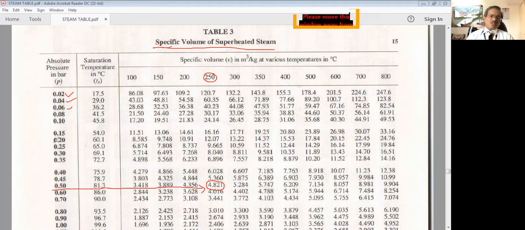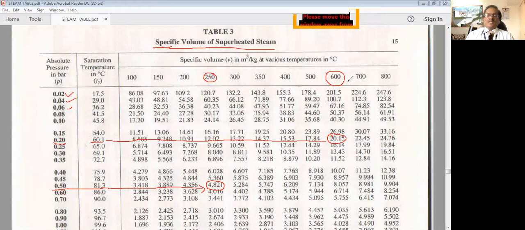Suppose the pressure given is 0.20 bar, then the corresponding saturation temperature will be 60.1. Now if the temperature given is 600 degrees centigrade, then at a pressure of 0.20 bar and temperature of 600 degrees centigrade, the value of specific volume is, we just have to reach in this column, 20.15 cubic meter per kg. So in this way, we can take the value at this pressure of 0.20 bar as well as temperature of 600 degrees centigrade.